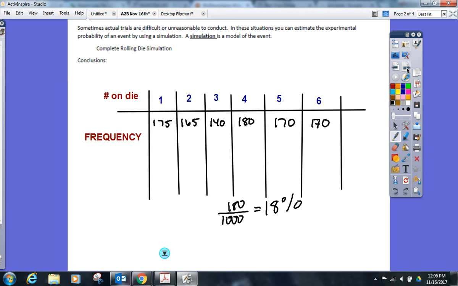What I'm trying to show you is, guys, the more and more trials you do, the experimental will get closer and closer to the theoretical. All right? So there's the conclusion right there. The more trials done, the closer the experimental probability gets to the theoretical.